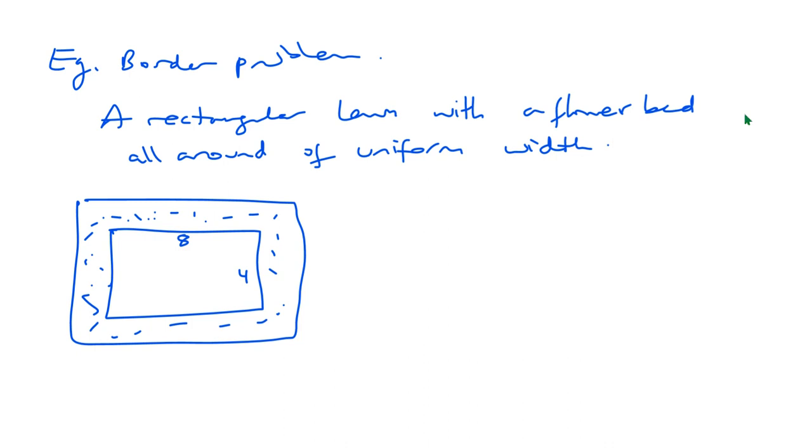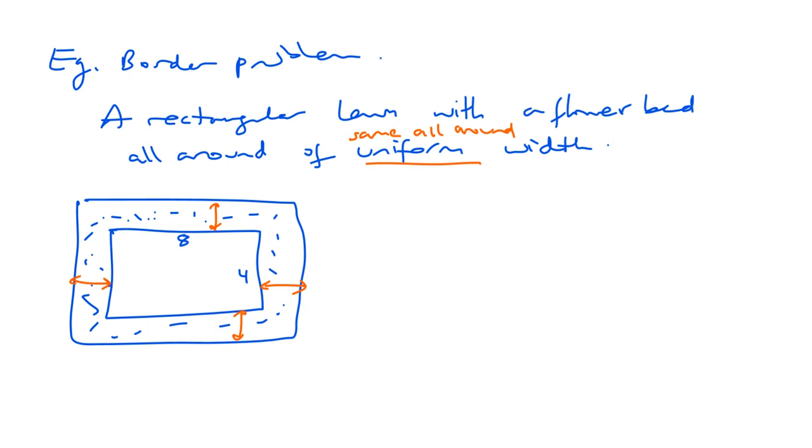Okay, and then it says that the flower bed has a uniform width. Uniform width means that it's the same width all around. Okay, which means that this width from here to here is the same as this width here, and it's the same as this width here, and it's the same as this width here. Okay, it's all around.